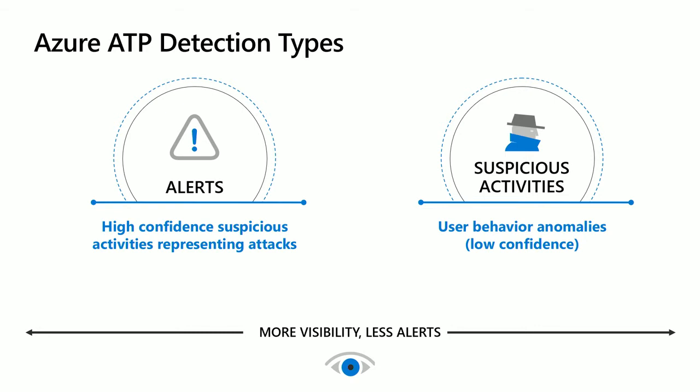On the right side, you can see that Azure ATP also builds behavioral profiles of identities in the organization and brings those low fidelity signals about activities that users are doing, where we believe that the chances that this user is the one that was running this activity is very low, and we mark those activities as suspicious. The important thing, and what makes it super interesting, is that those small suspicious activities do not raise alerts.